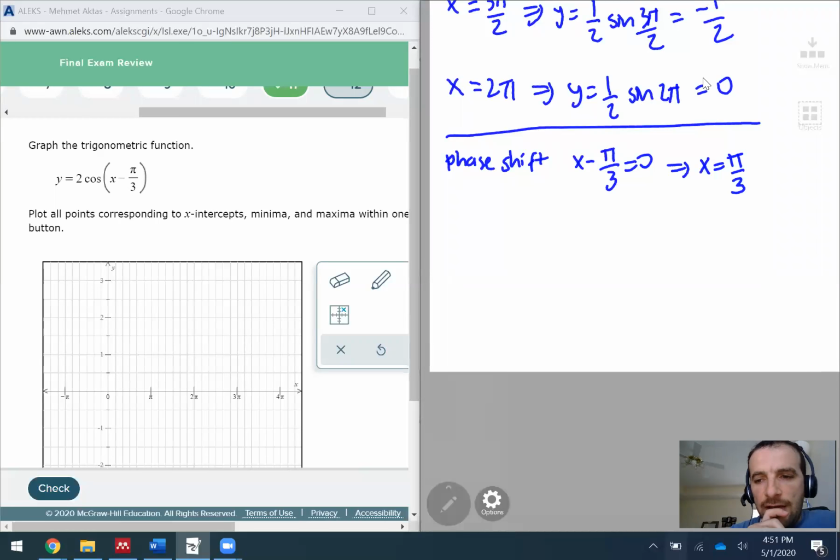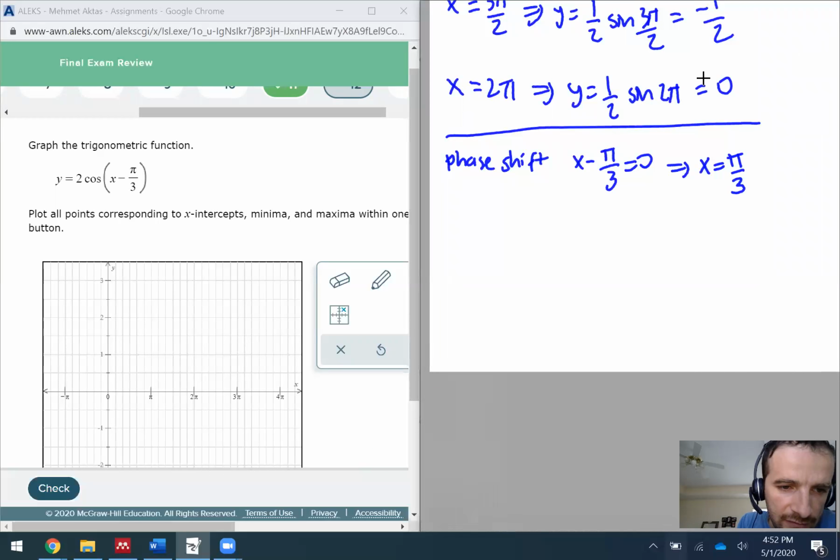So we are shifting everything pi over 3 units to the right. And there is also a 2 in front of cosine, so we are going to stretch everything. Normally when x is equal to 0, cosine 0 is 1.